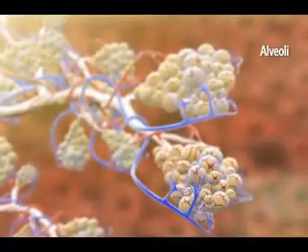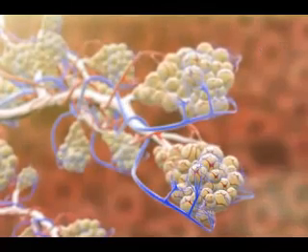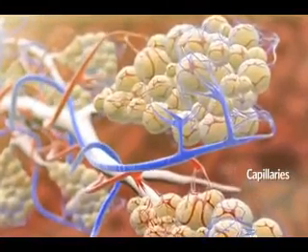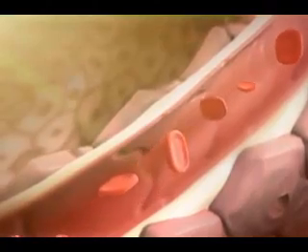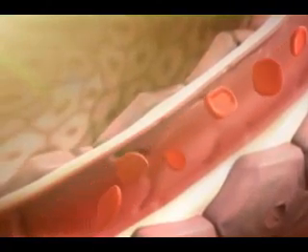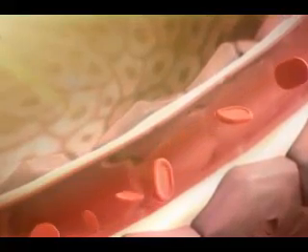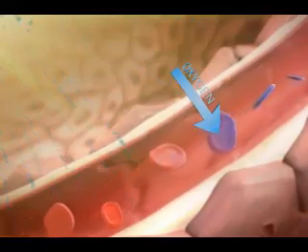The alveoli structures enable fresh air to get to the air sacs, which are surrounded by tiny blood vessels or capillaries. The oxygen passes through these air sacs and travels through the capillary walls into the bloodstream.